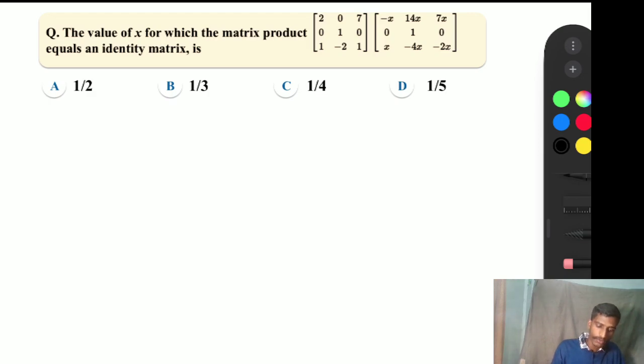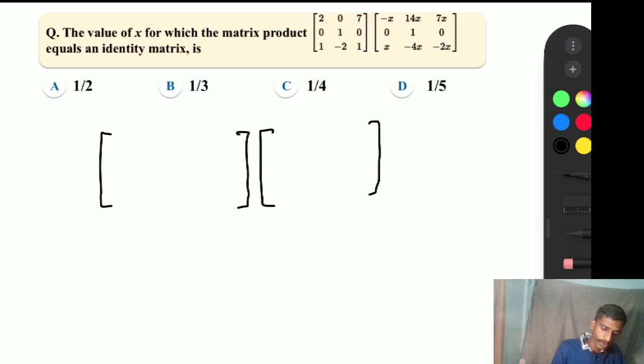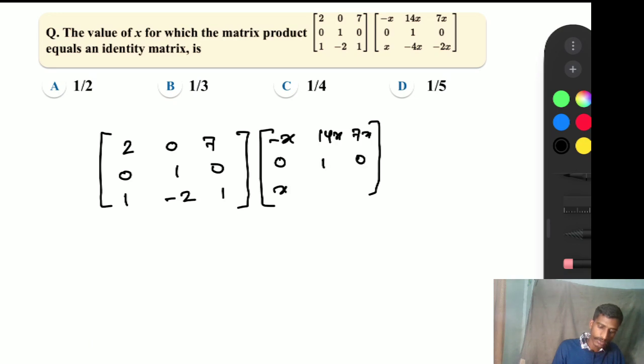Here we have to perform a matrix multiplication. We have the matrices 2 0 7, 0 1 0, 1 minus 2 1, and minus x, 14x, 7x, 0 1 0, x, minus 4x, minus 2x.